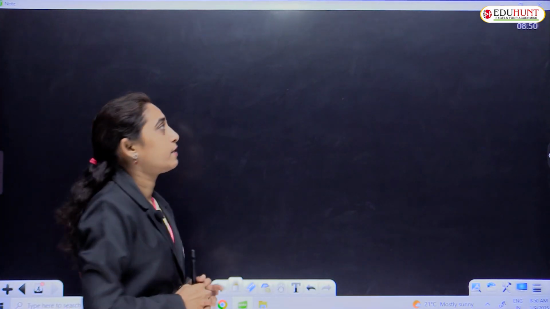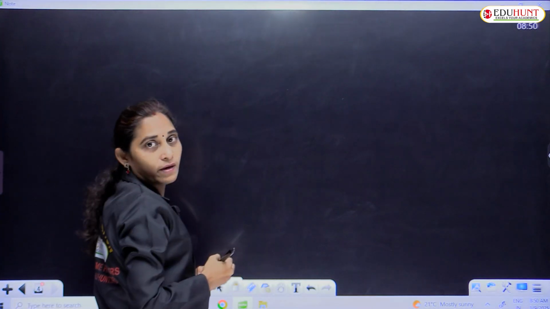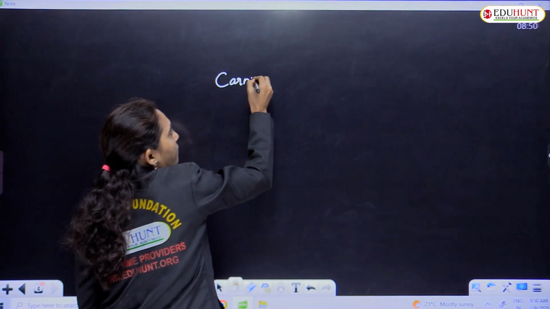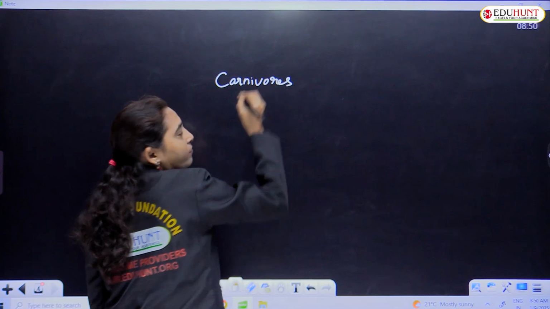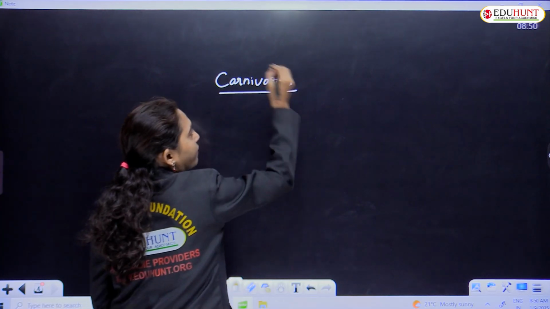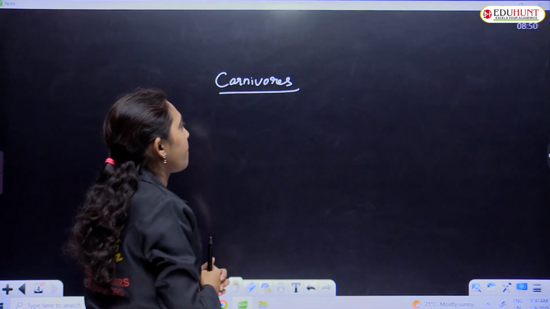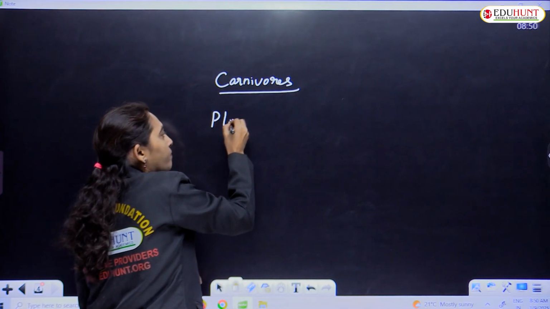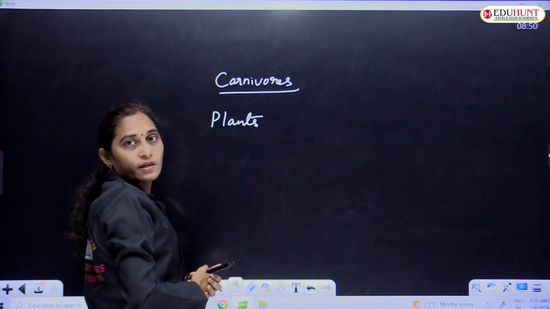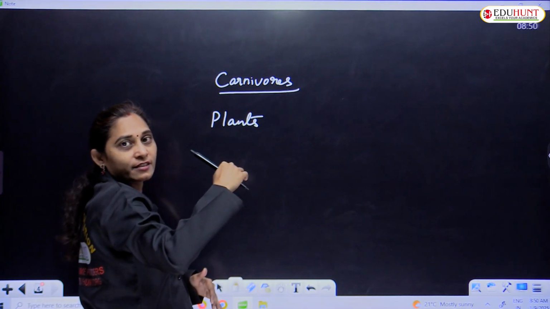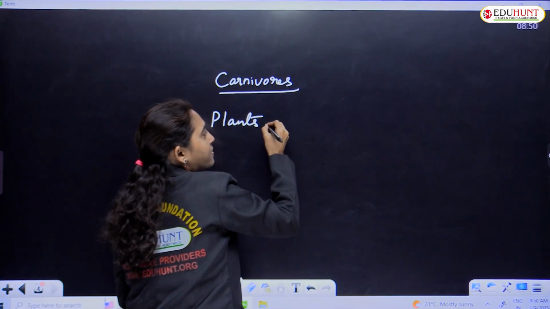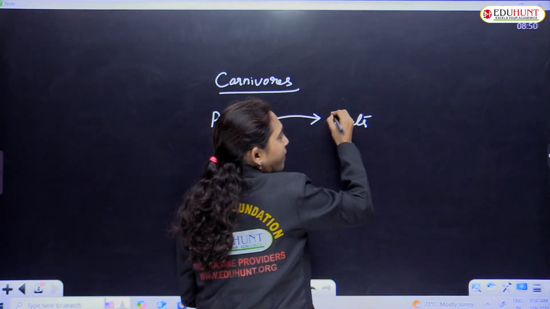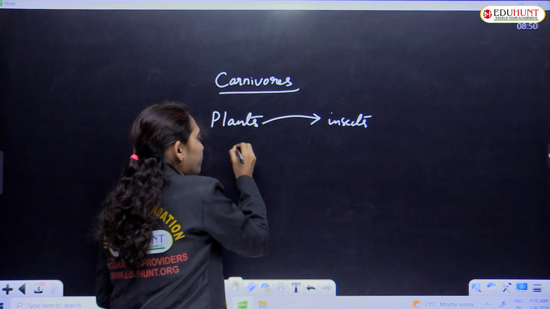Next is a very important one, that is carnivores. Carnivores are the plants which eat insects, plants that depend on insects, called insectivorous plants.